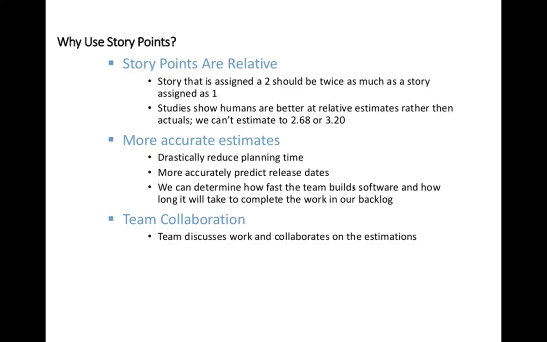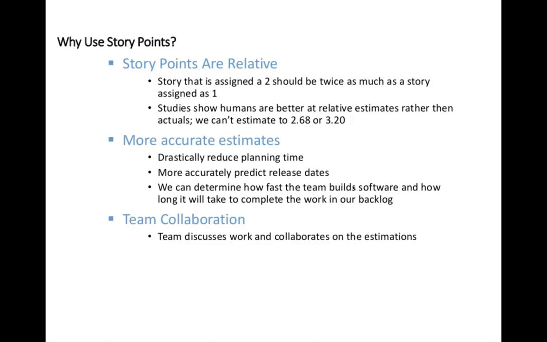If we compare two user stories with estimation points, like I give one as 2.68 and another as 3.20, we can't compare these two user stories with respect to the story points, because we are not able to define what we need to do and what we need to cover for both the user stories.